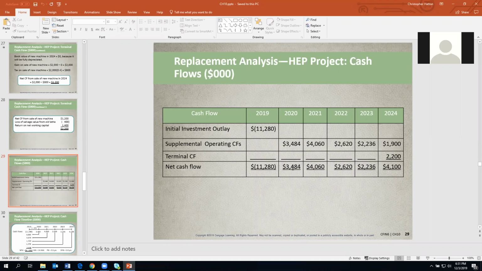Then these are the supplemental operating cash flows. And then the last one includes the terminal cash flow on top. So then we use these numbers to calculate net present value, internal rate of return, and everything that we've worked on before.